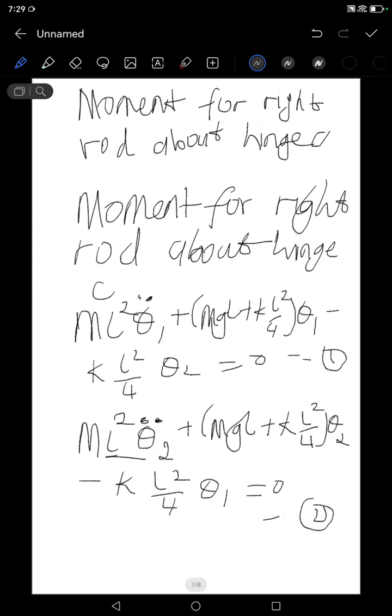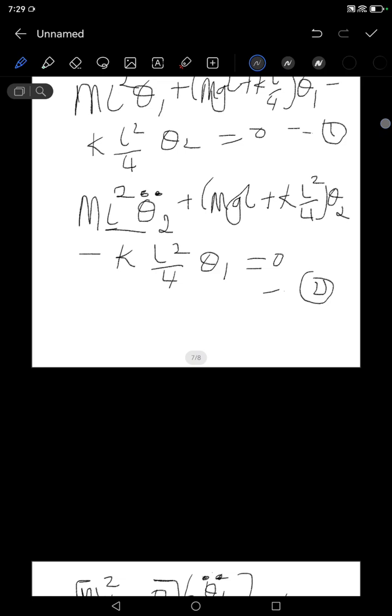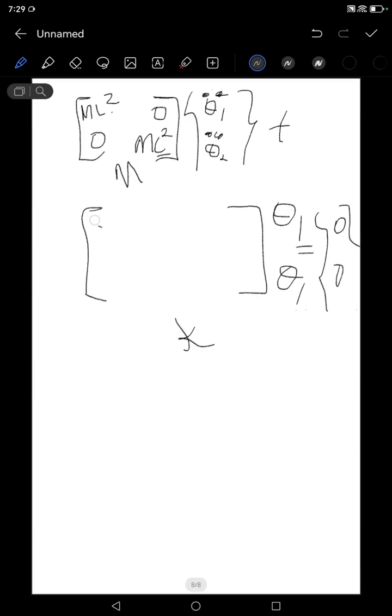Now we come to the stiffness. We start on the first equation and check theta 1. Our theta 1 coefficient is mgl plus k L squared over 4, and our theta 2 coefficient is negative k L squared over 4.